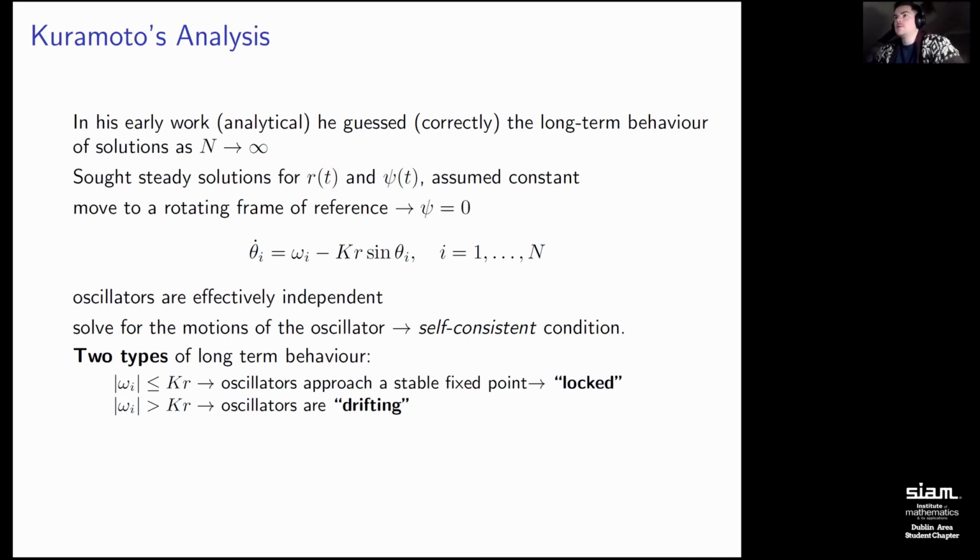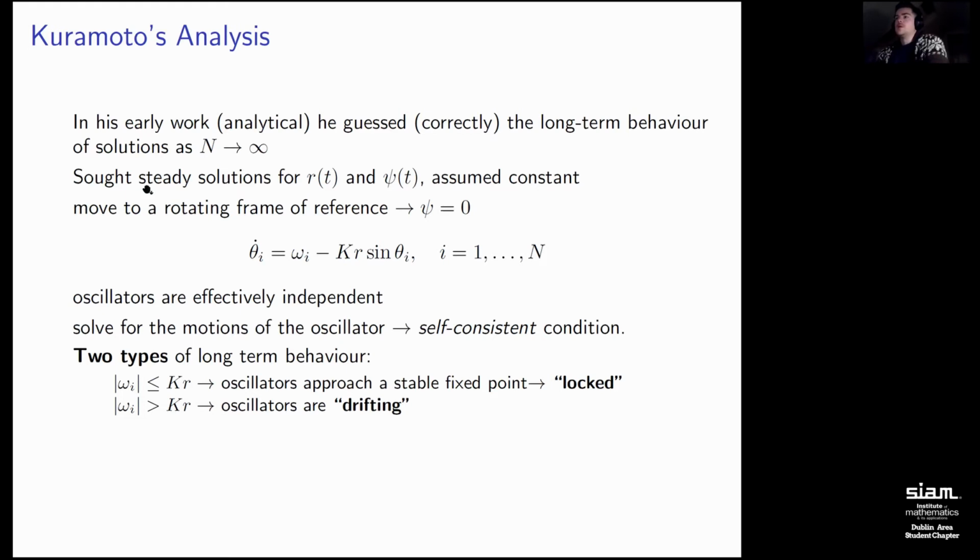Okay, so Kuramoto's analysis, in terms of trying to get expressions for the transition value and the long-term behavior of the synchronization. What he did was look for steady solutions.